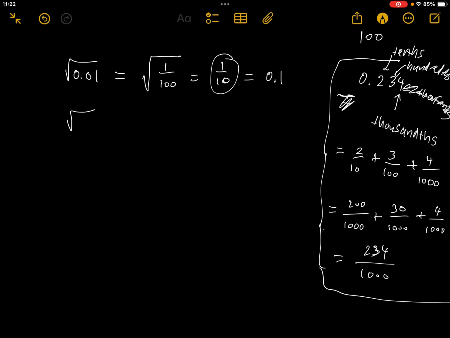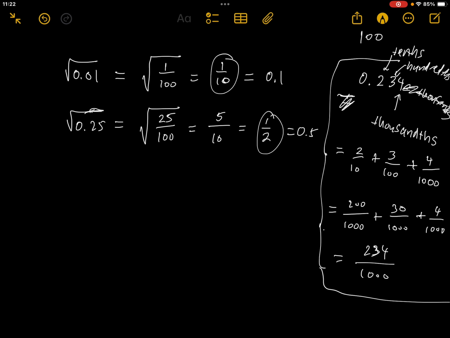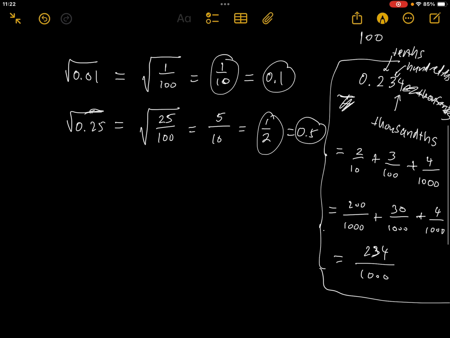Similarly, if I had the square root of 0.25, I can convert that to a fraction. 0.25 is 25 hundredths, and then I can take the square root of the top, that's 5, and the square root of the bottom is 10. Actually, 5 over 10 simplifies a bit, it's 1/2. So 1/2 is correct, or if you want to put it as a decimal, it'd be 0.5.